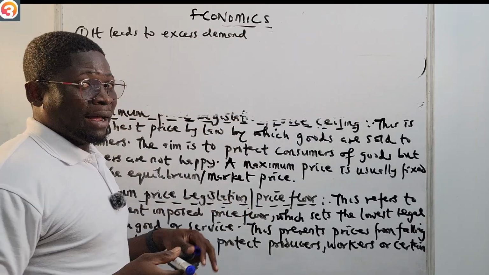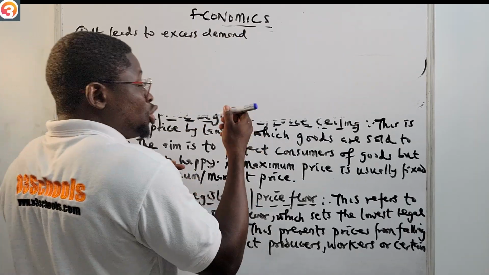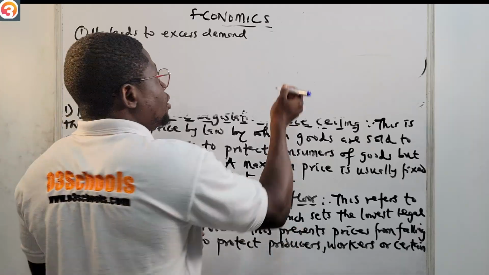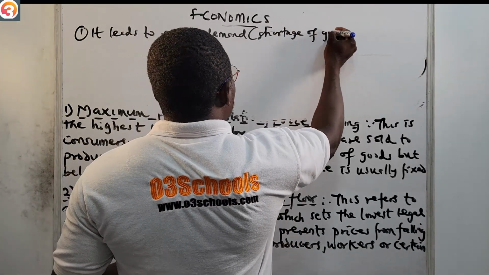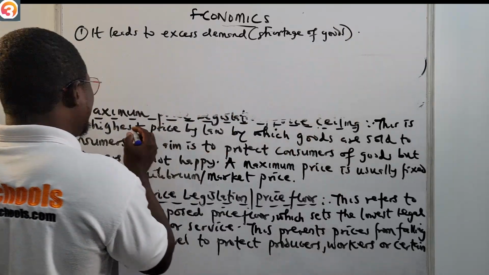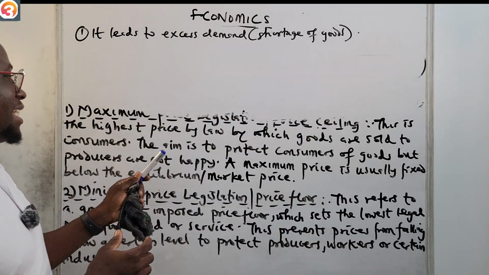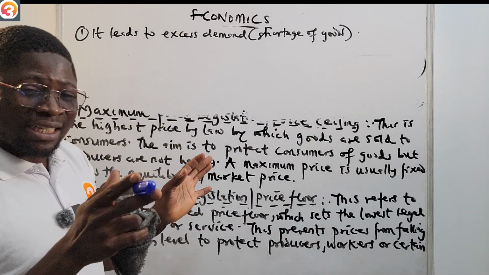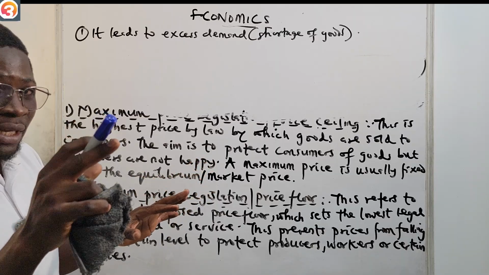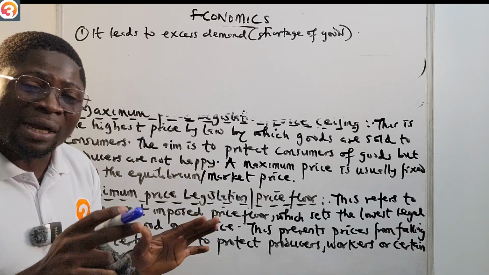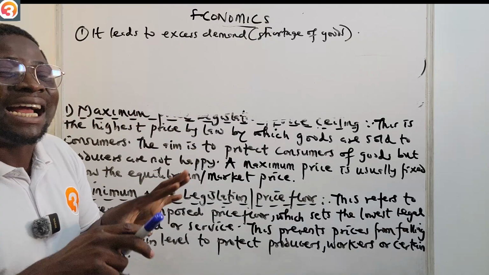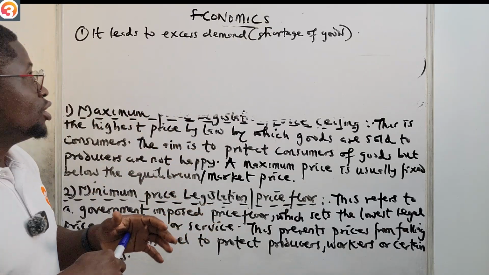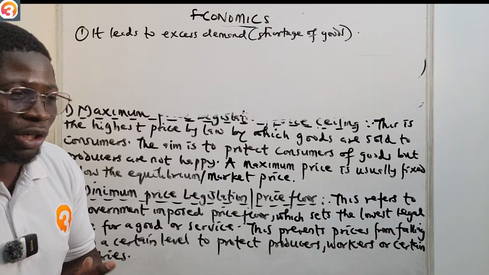By excess demand we mean shortage of supply, or shortage of goods. When government sets the highest price by which goods are to be sold to consumers, this is what it causes. It leads to excess demand, or shortage of goods.